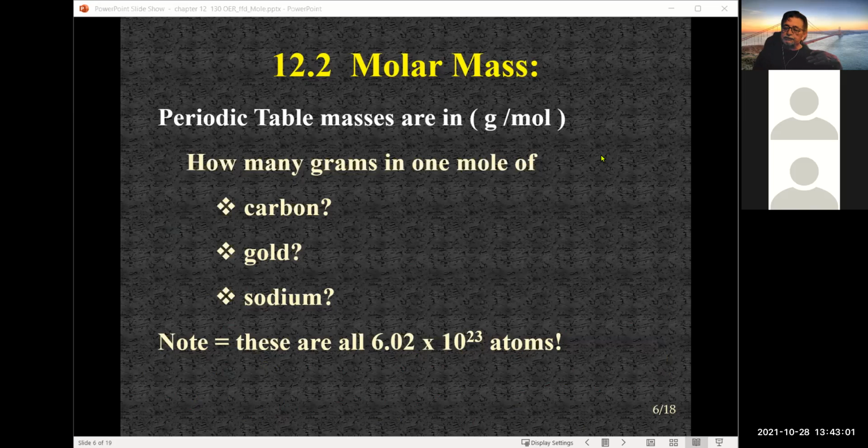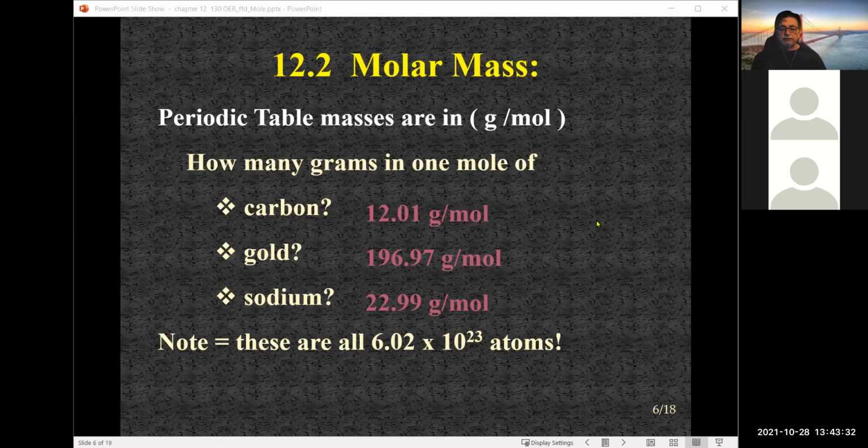And so we can just go into the periodic table, keeping in mind that the units for the atomic weights are grams per mole. We can simply go up there and say, for carbon, in 1 mole, there's 12.01 grams. For gold, 196.97 grams per mole, and sodium, 22.99 grams per mole. All of these have 6.02 times 10 to the 23rd atoms.